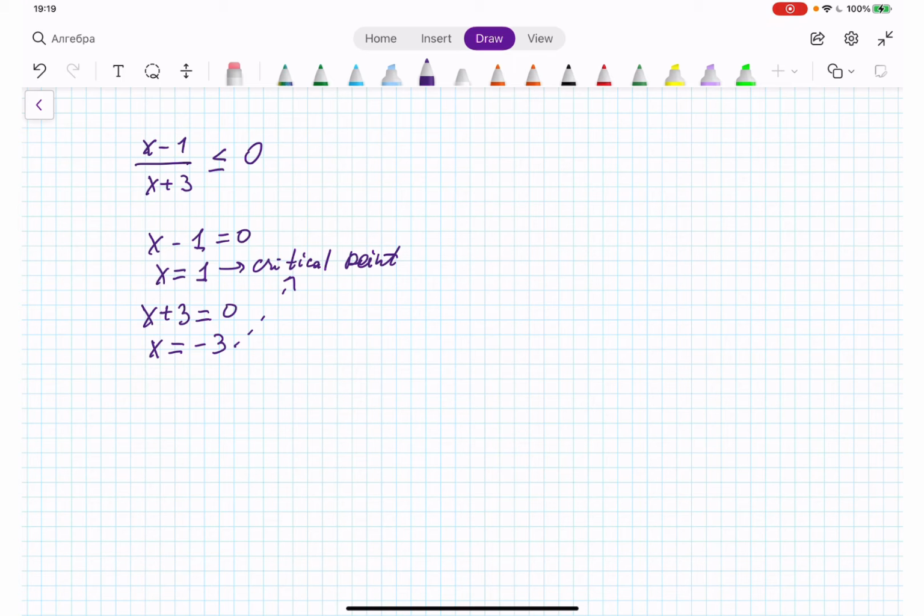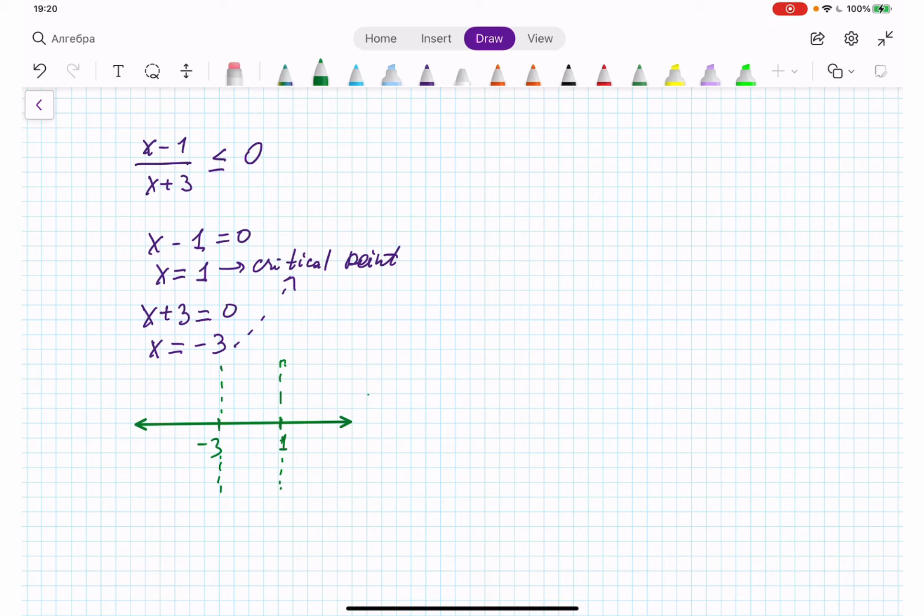So let me build the number line. Where are our 1 and negative 3? Let's assume this is our 1, and let's assume this is our negative 3. So 1 and negative 3 break the number line into 3 intervals.